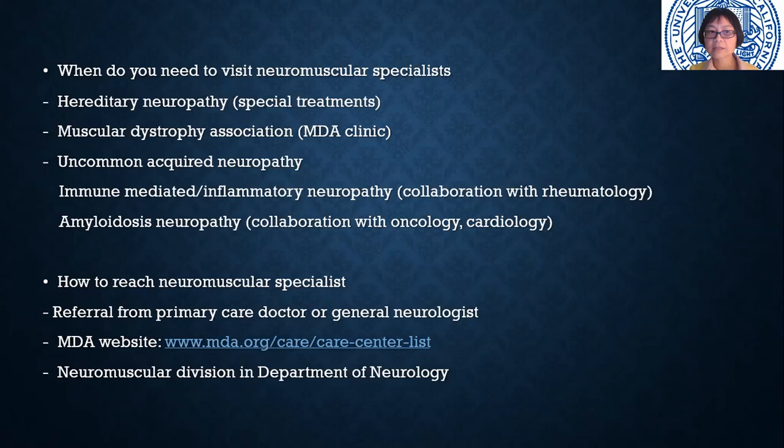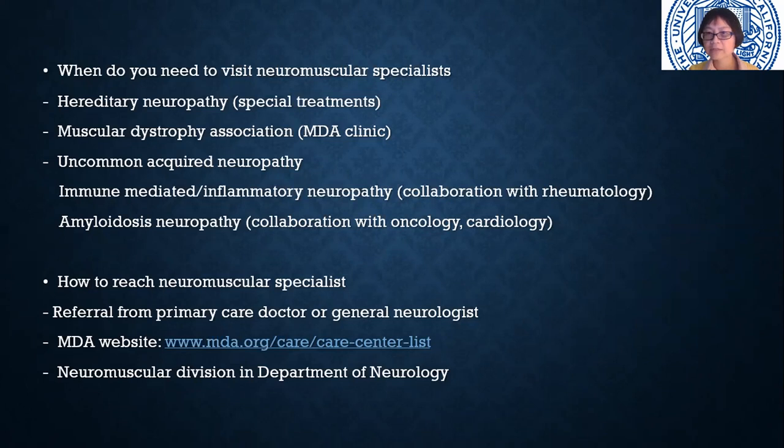And certain uncommon acquired neuropathies will have some special treatments, like inflammatory or immune-mediated neuropathy. We always collaborate with rheumatology or immunologists to start some special immune therapy. And I would like to briefly mention amyloidosis neuropathy.